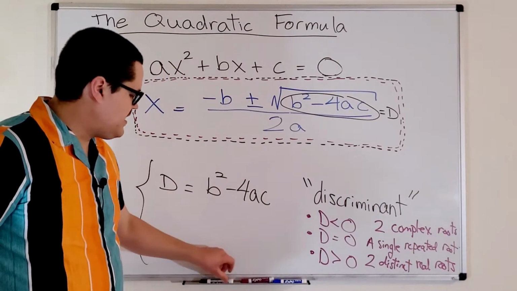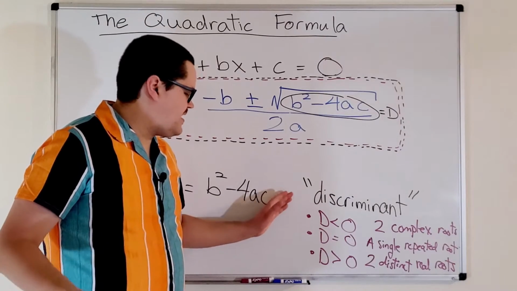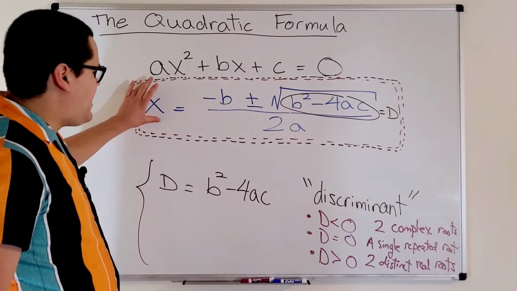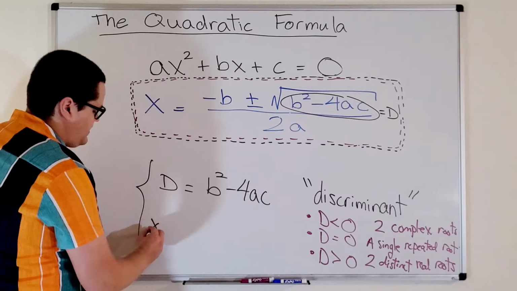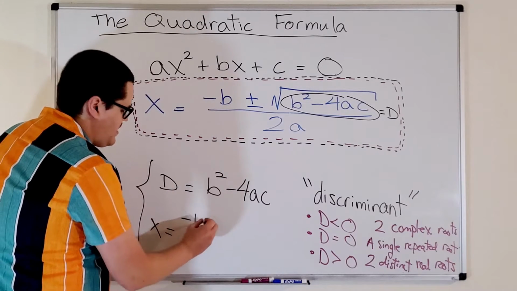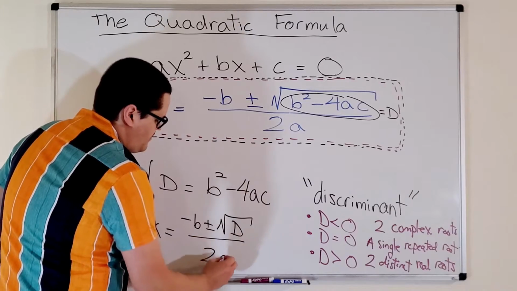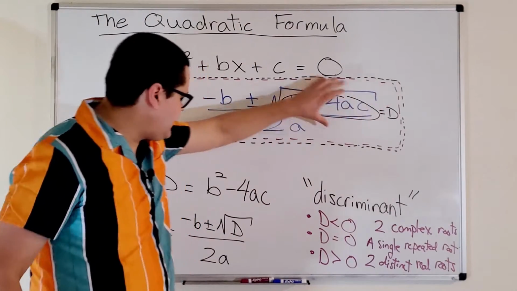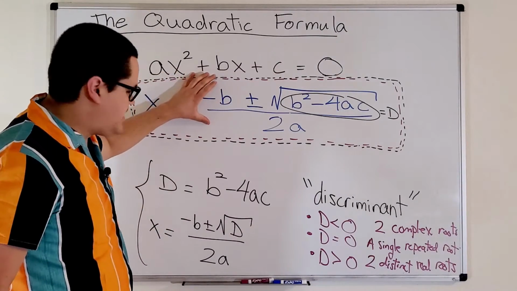All right. Now in any of these three cases, we can get x, assuming we already computed D, as x equals negative b plus or minus square root D over 2a. All right, because if we let this be D, then this equation is the same as that equation.